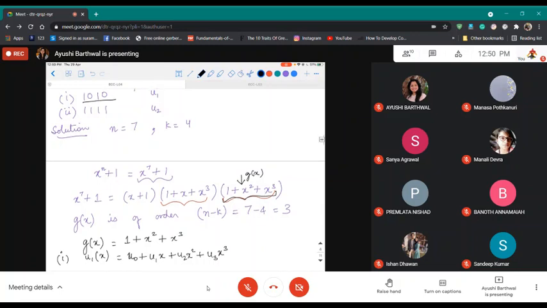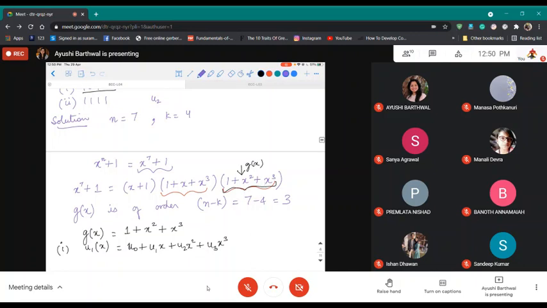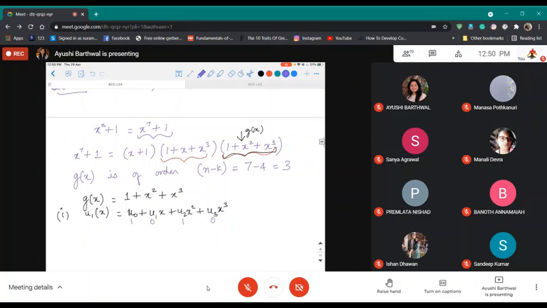And since it is 1010, the only terms that will remain are 1 plus x square. So this is your u1x.